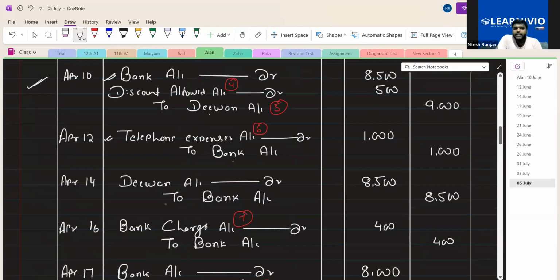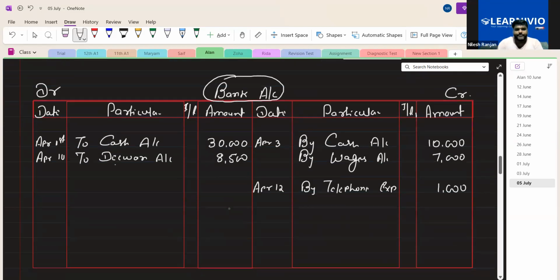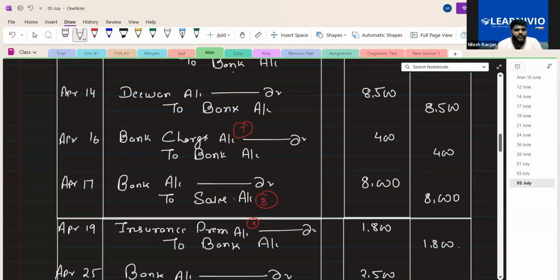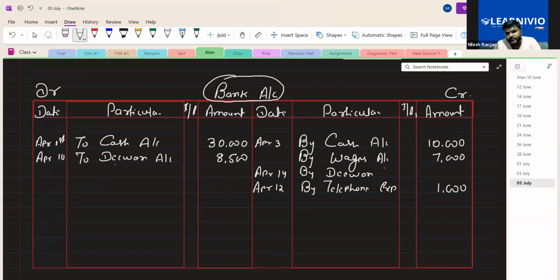Then April 14, Divan to bank again. So in the Divan account, it will be "to bank", and in the bank account "by Divan." Actually, there is a line missed here. I didn't write anything here, so I'm writing it: by Divan, 8,005.